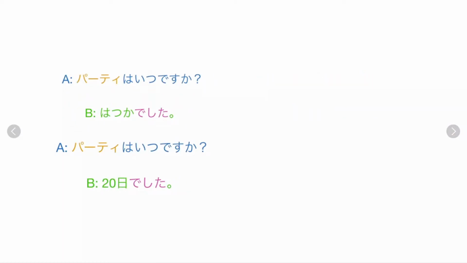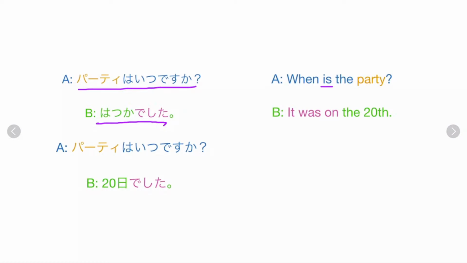So, you could have a situation like this. パーティーはいつですか? When is the party? A asks, expecting it to be in the future. But B responds, 20日でした. It was on the 20th. Right? So when is the party? ですか? It was でした, 20日.